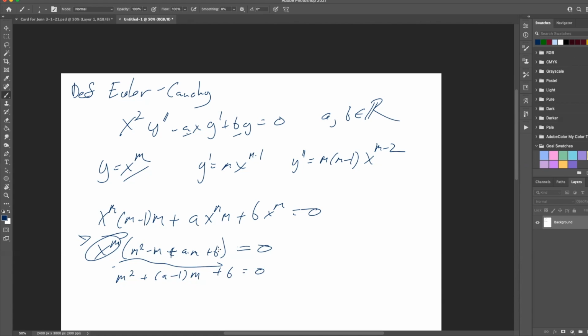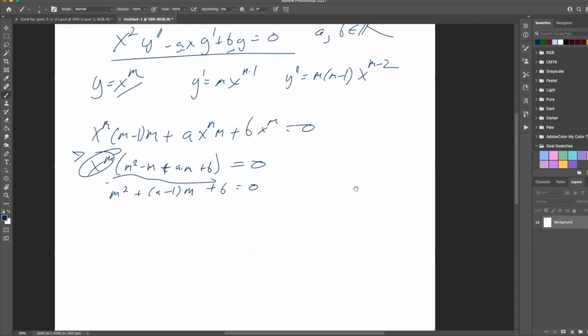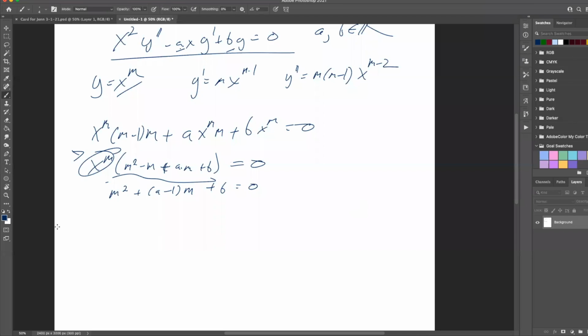Notice this is a minus 1. When I write out the Euler-Cauchy, one of the most common things I see students do wrong is say, oh, this is a characteristic equation, we'll just write m squared plus a m plus b. You need to take 1 off your a just because of how the math worked out. So make sure to do this.